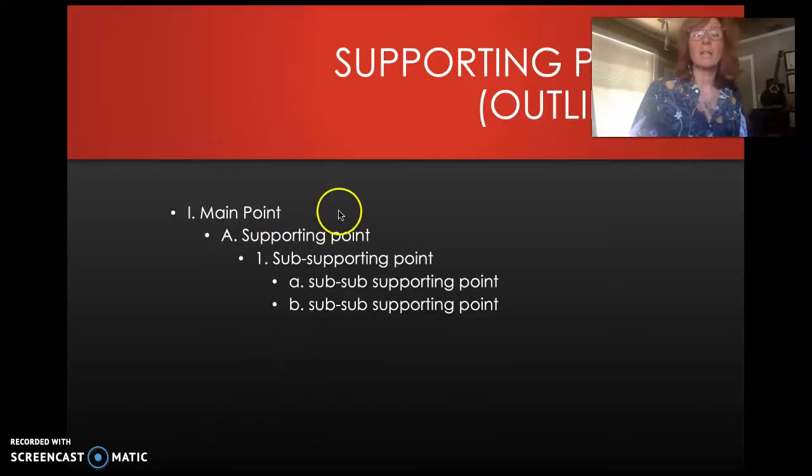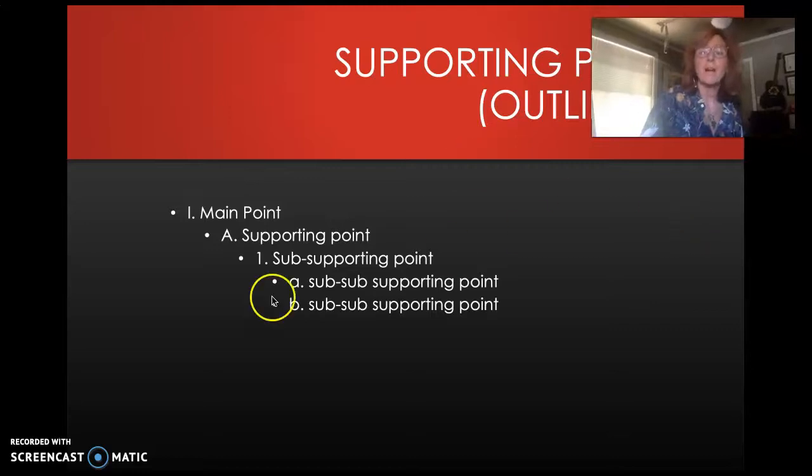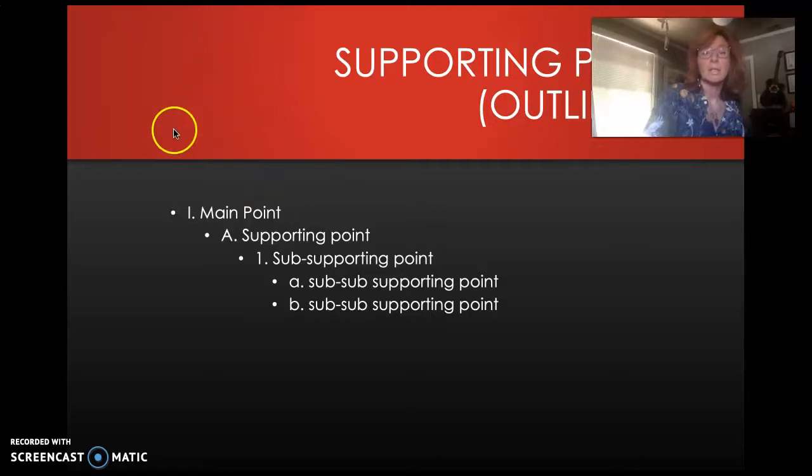The purpose of me showing you this is to show you that an outline has a cascading feel to it. So all of these small pieces of information lead to this large piece of information, or this large concept. You with me? And remember, your big concept is your topic.